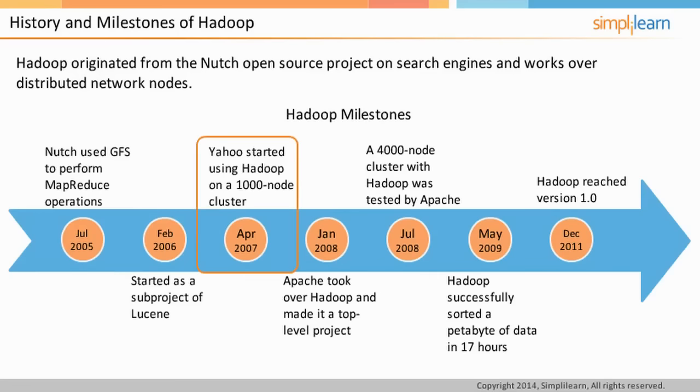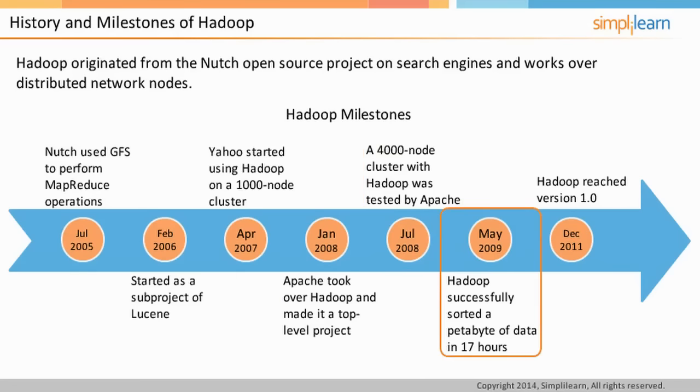In April 2007, Yahoo started using Hadoop on a 1,000-node cluster. In January 2008, Apache took over Hadoop and made it a top-level project. In July 2008, a 4,000-node cluster with Hadoop was tested by Apache. The performance of that cluster was surprisingly the fastest when compared with other technologies implemented that year.